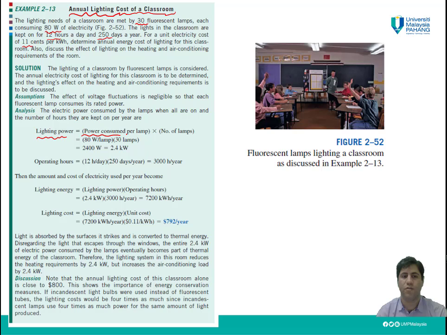So power consumed for each lamp multiplied by number of lamps will be the total value of the required power for lighting this class, which is 2400 watt or 2.4 kilowatt. This is the total or net power for lighting the class.